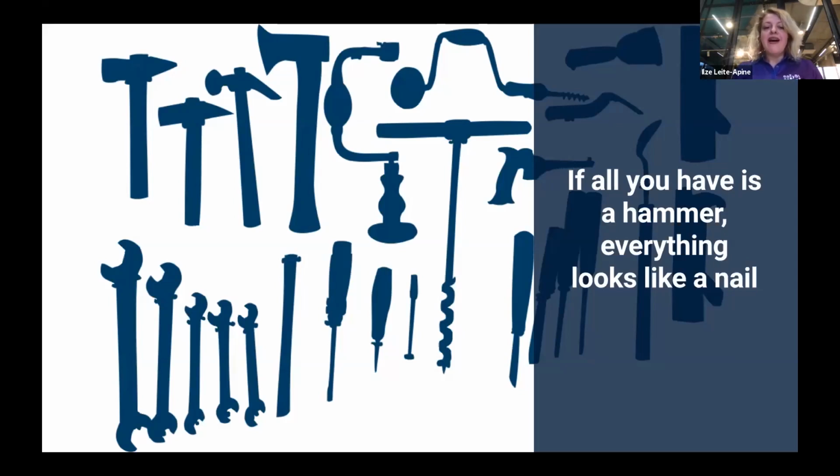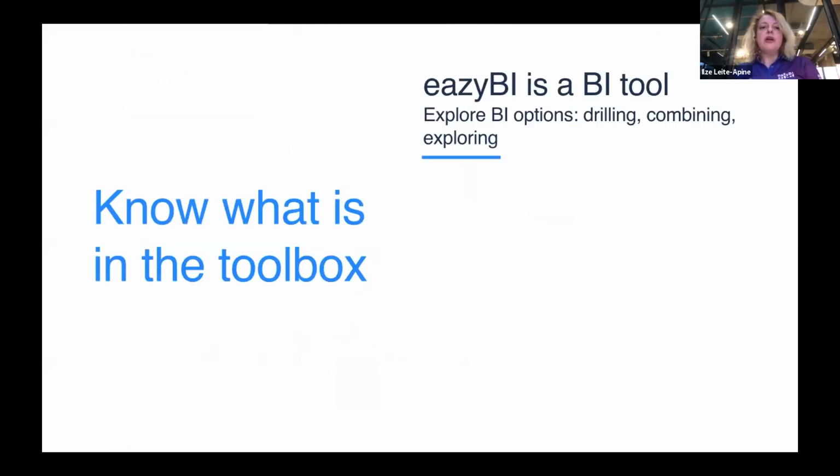And some of them are well hidden, so probably you haven't noticed them. I really hope that you are already using most of them, but that you will find how to use them a bit differently. So know what is in the toolbox and where you can find the things that can help you create reports in EasyBI.